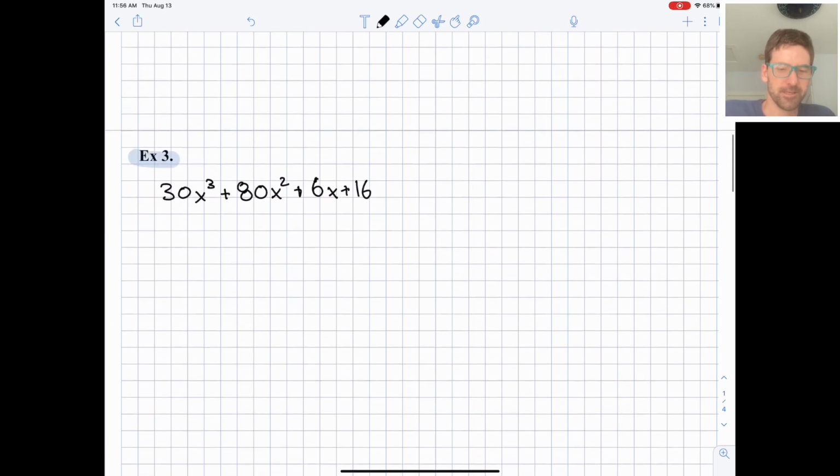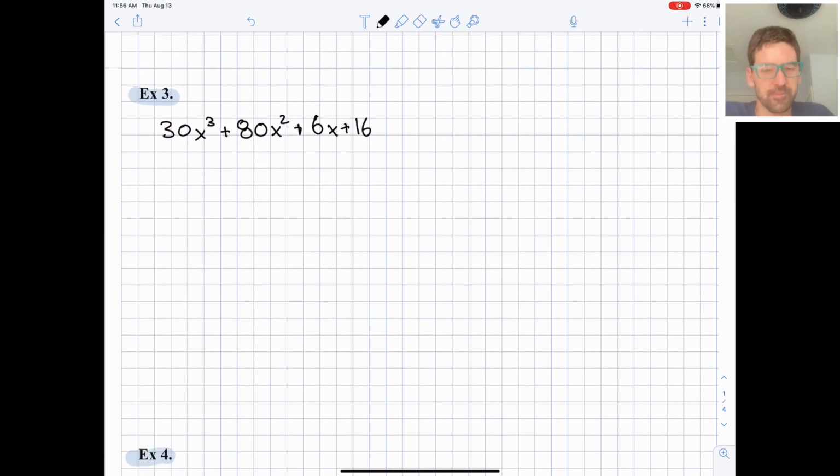All right, next one. Again, always your first step, is there a GCF we can pull out? It looks like there is. There's a 2 we can pull out, and this turns into 15x cubed plus 40x squared plus 3x plus 8, I think, right? Let me distribute to check.